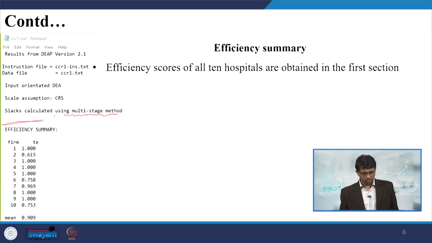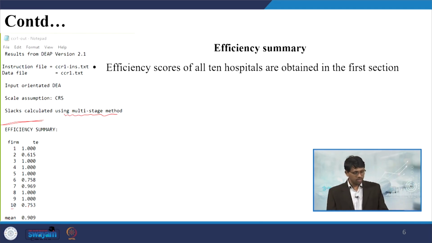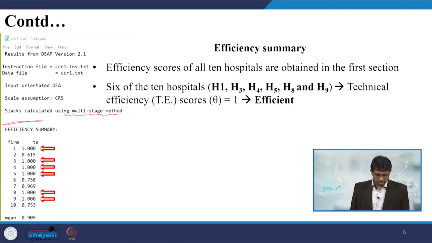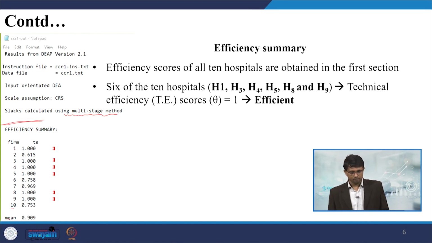So, let us see, efficiency scores of all 10 hospitals are obtained. In the first section, you just see till the 10, and their efficiency mean score is also mentioned. 6 of the 10 we are just highlighting, that is H1, H3, H4, H5, H8 and 9.